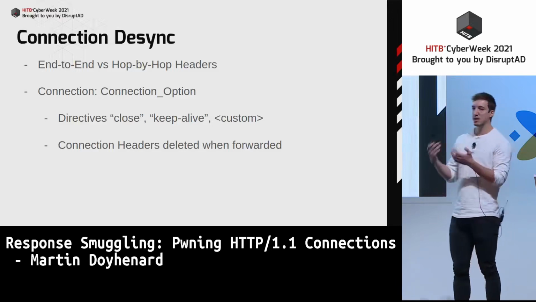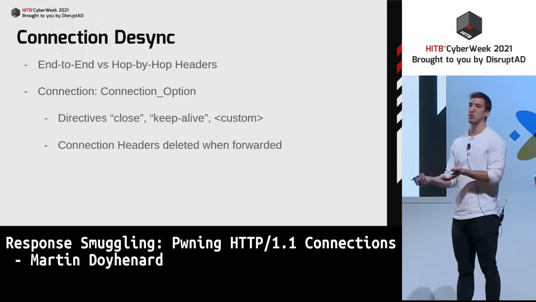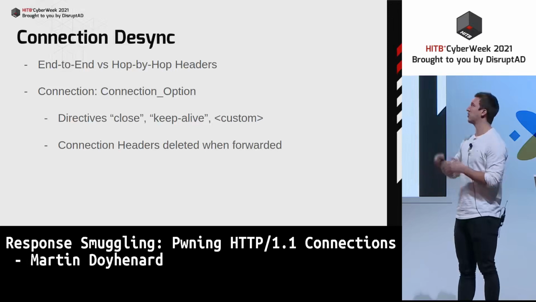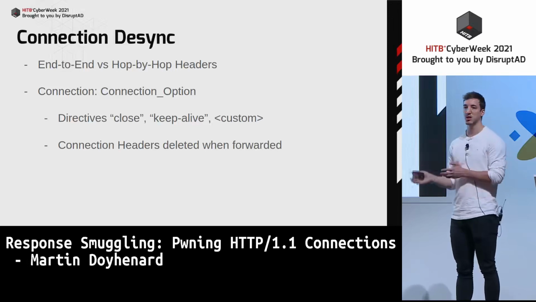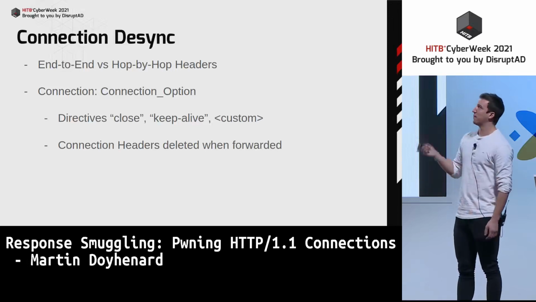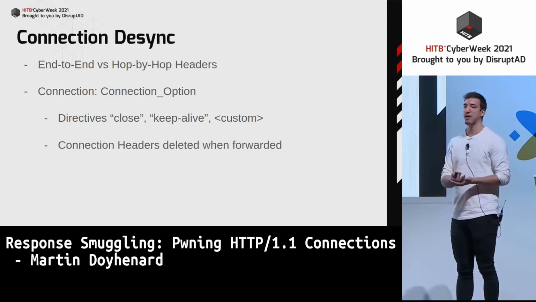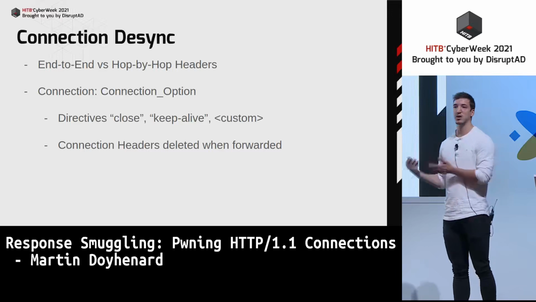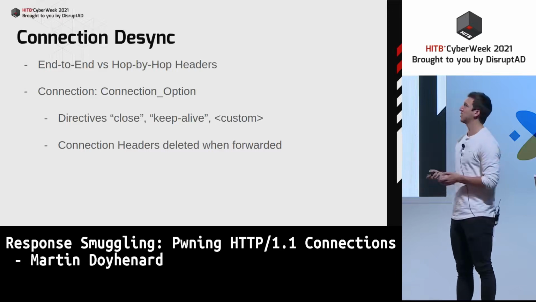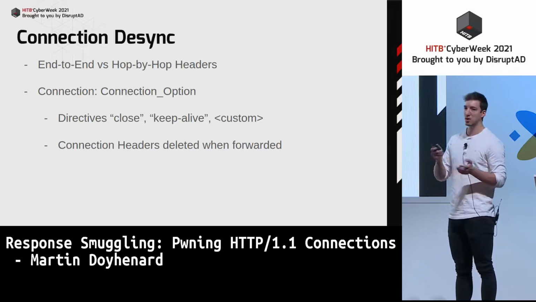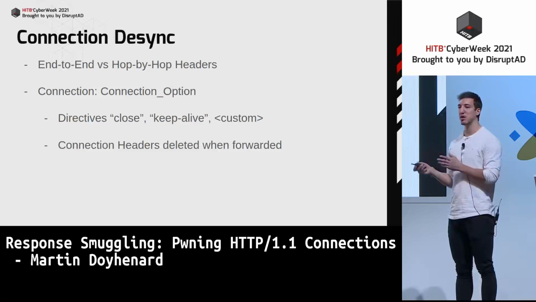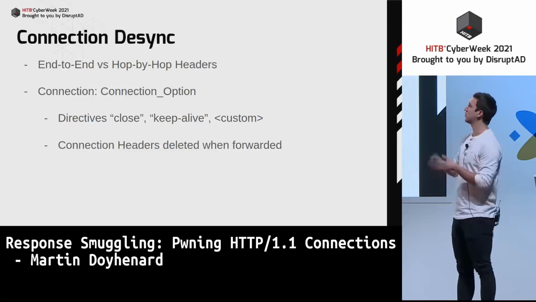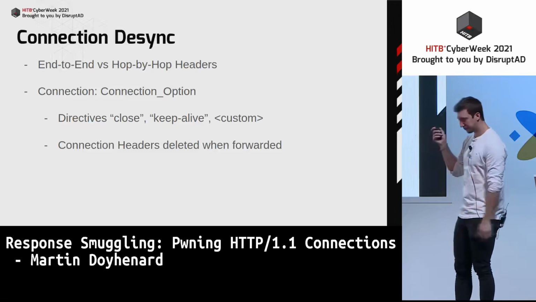But as I said, we can use, for example, two content lengths, but also there are many ways of creating this desynchronization. One of the most interesting variants that I found, and I was able to report to many vendors, was to use some new connection headers that will allow me to exploit this kind of vulnerabilities.